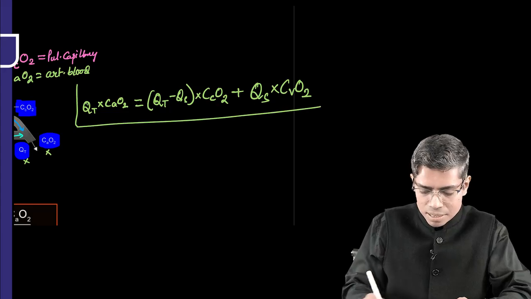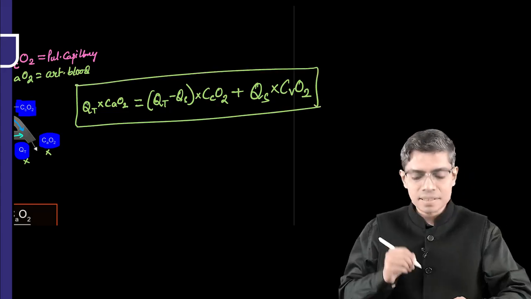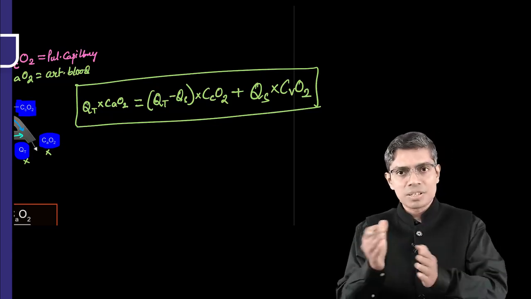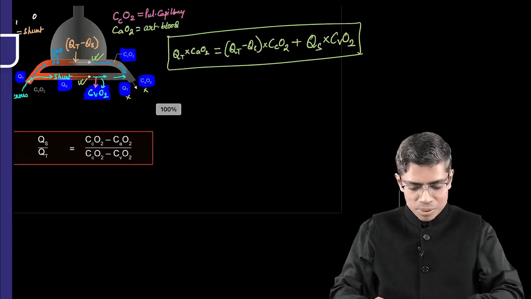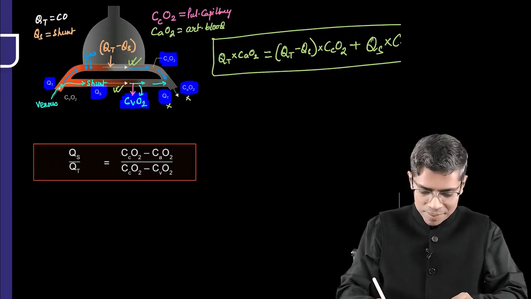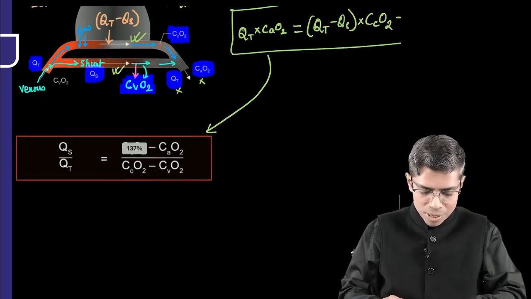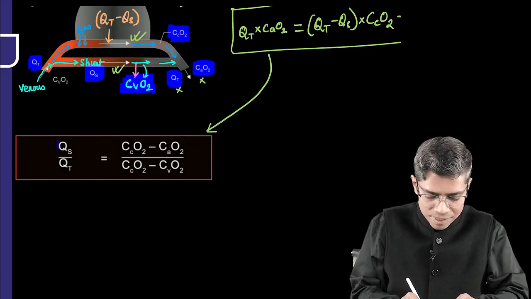So I can easily write down this formula by analyzing this situation, and whenever you rearrange this equation, it will be converted into QS upon QT.